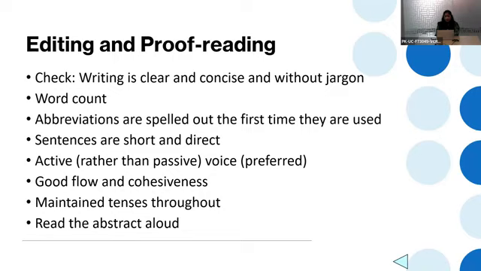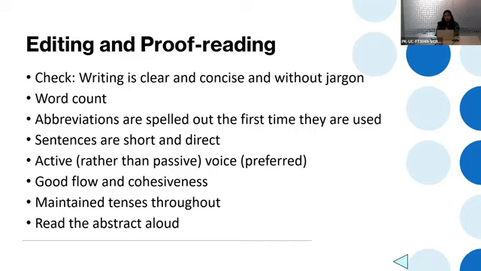They check whether the writing is clear, the word count is maintained, the abstract is succinct and concisely written, there is no jargon, abbreviations are spelled out the first time, there are no citations in the abstract, the sentences are short, and the communication is very direct.